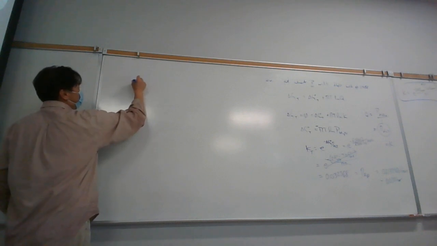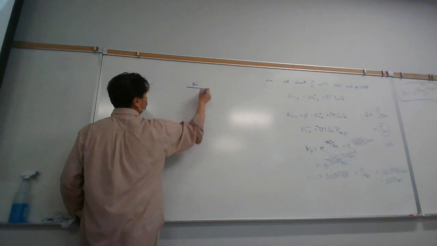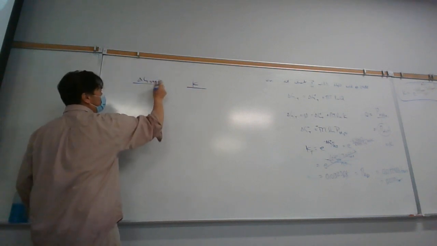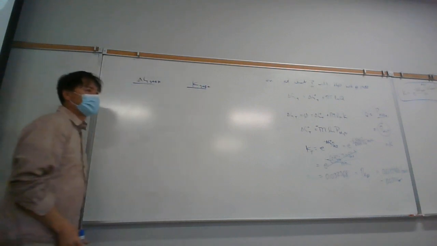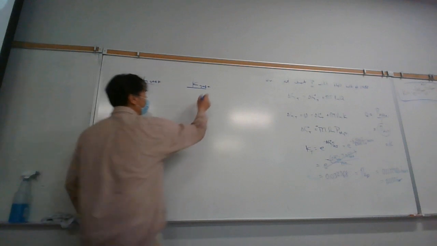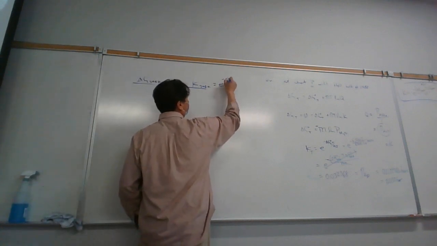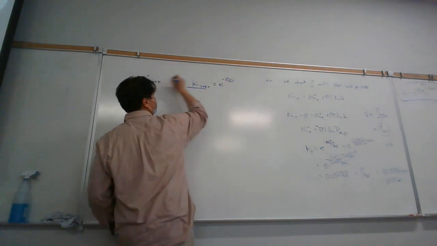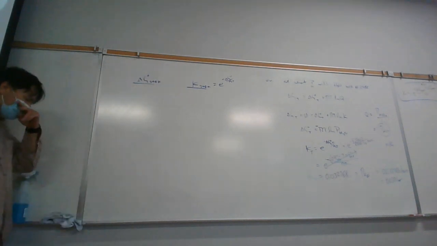And so let's take a look at delta G's and K, and then just compare them. These are going to be at 298. So this is delta G at 298. This is going to be K at 298 Kelvin. K at 298 Kelvin is just equal to e to the minus delta G over RT. We're going to do this under standard conditions here, and then there are going to be some cutoffs.